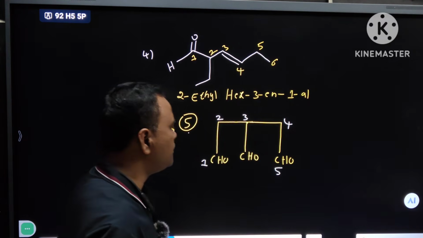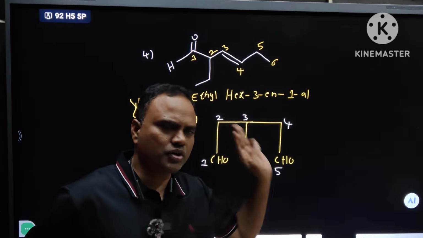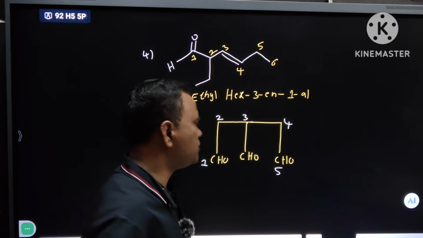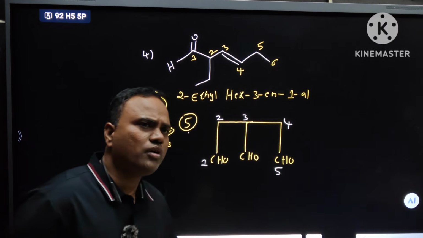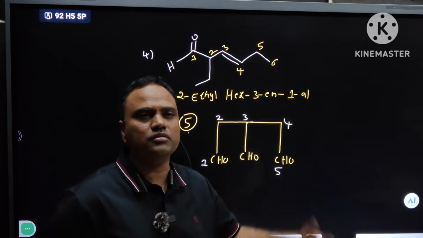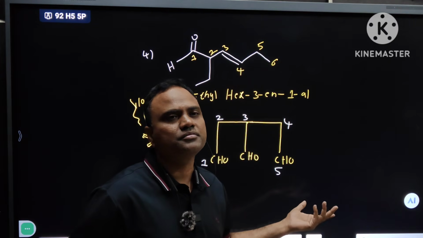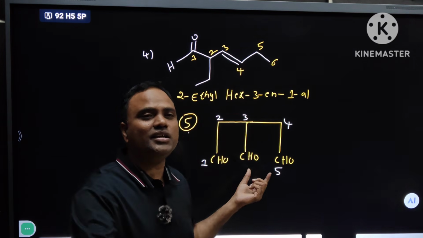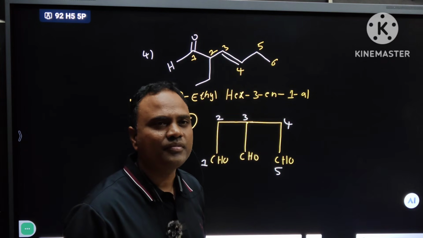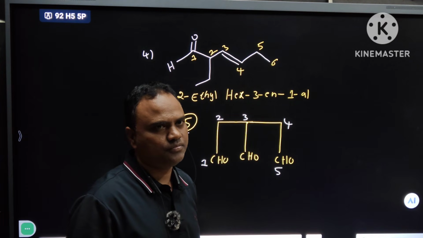Similarly, aldehyde, aldehyde, aldehyde. We have three functional groups, right? Both are the same only. Why are you giving number 1 to one aldehyde, first position, ranking 1, super first, fifth rank to another, last, and this one is not getting any rank also? Why is this partiality shown here?